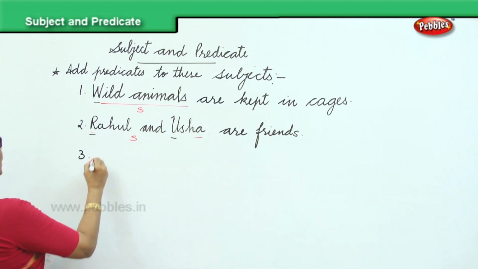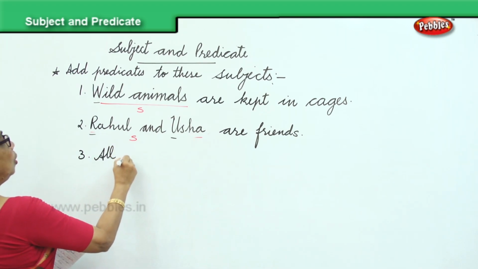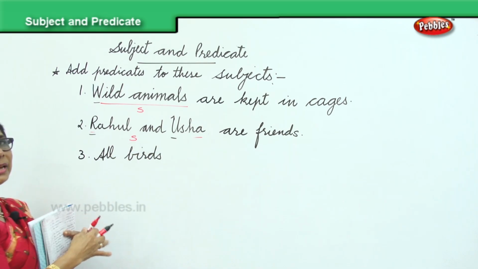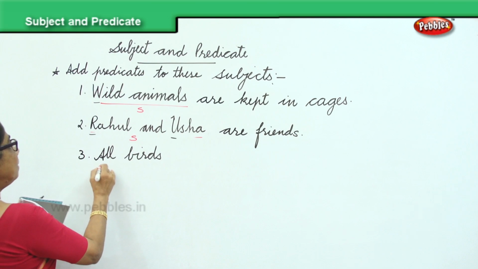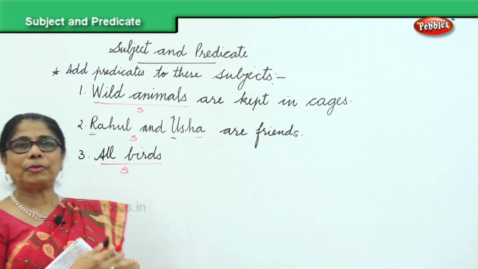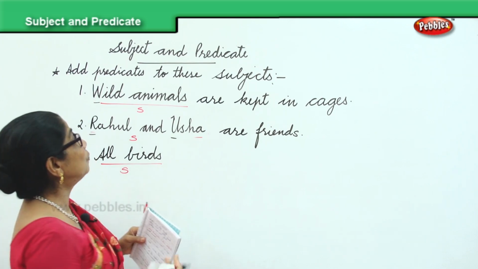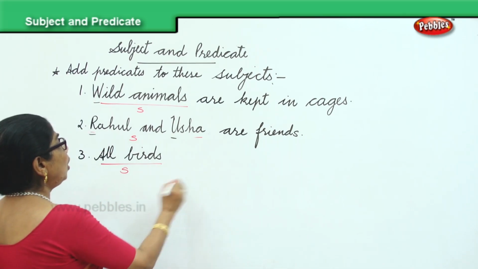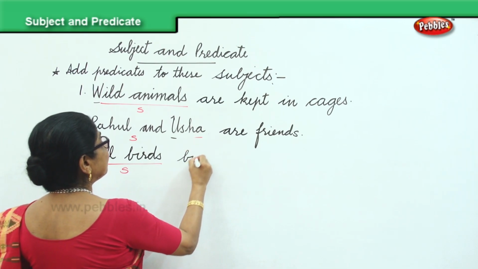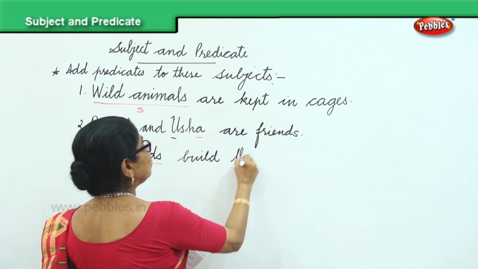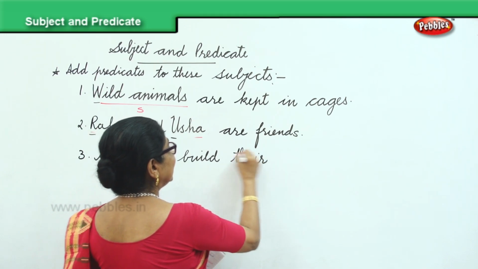Okay, all birds. All birds is the subject I am giving you. All birds, that's the subject. Now, complete the sentence by providing some words for the predicate. Okay. All birds build their nest.